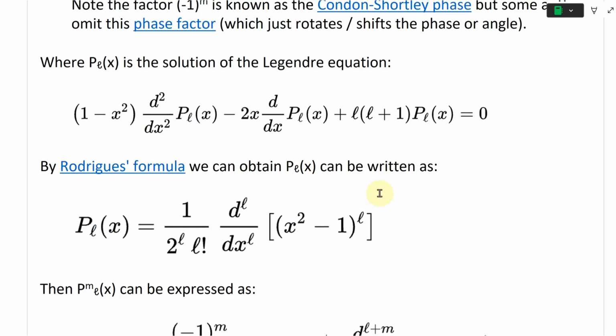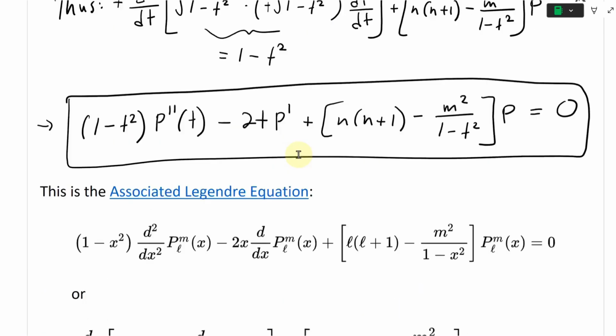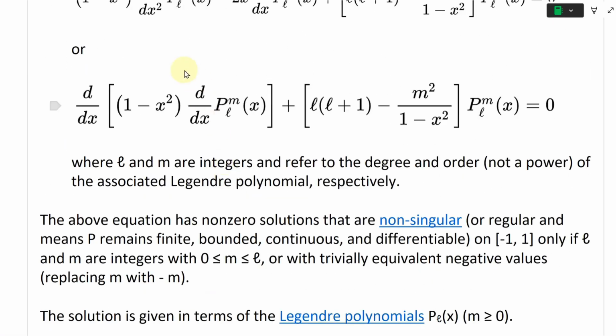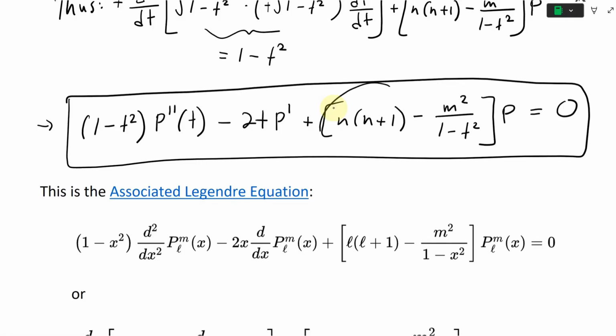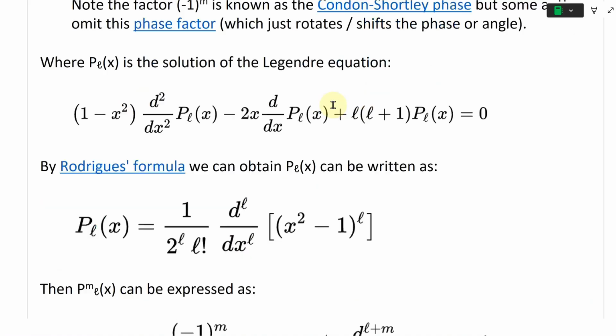And then by Rodrigues formula, we can obtain PL of x. And again, this is what I mean by all we had to do was get up to here. And then there's a bunch of research done on this specific form here. And again, that's why these constants were picked as well. So we get the solutions in those other ones, and we have then the difference. We get this. We get the associated Legendre equation. All right.